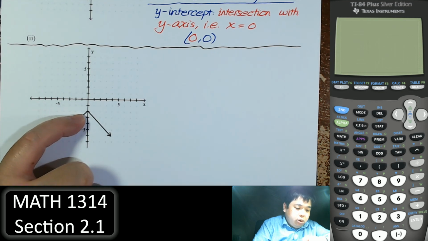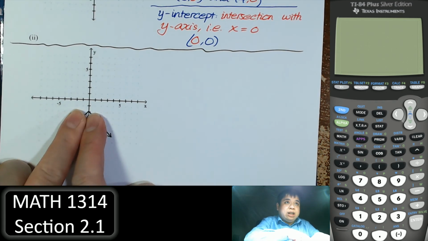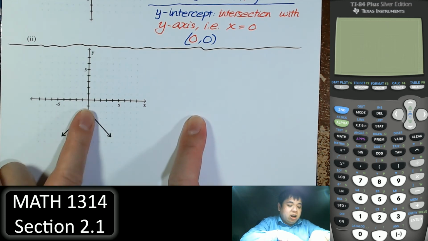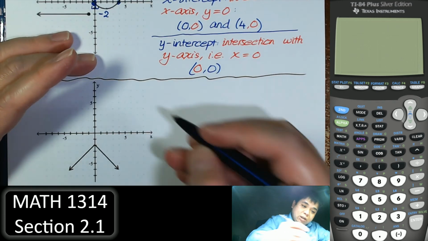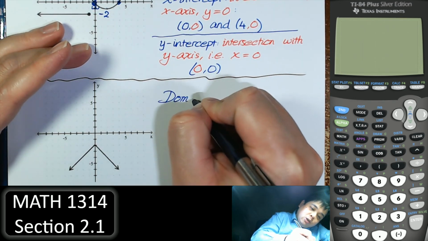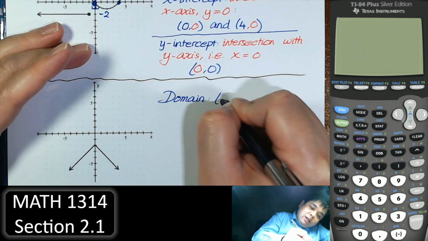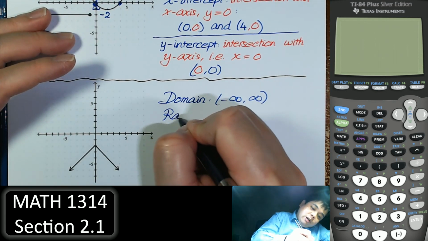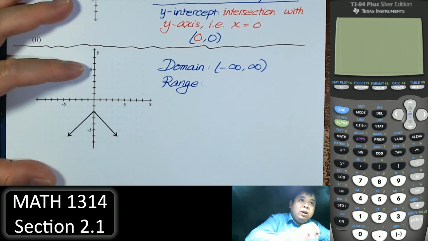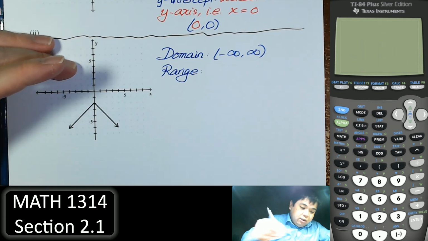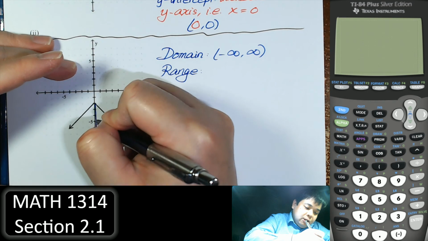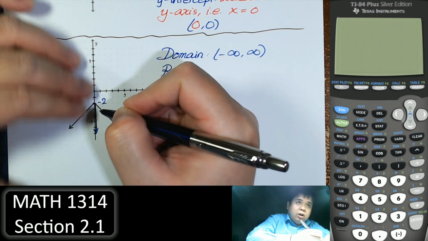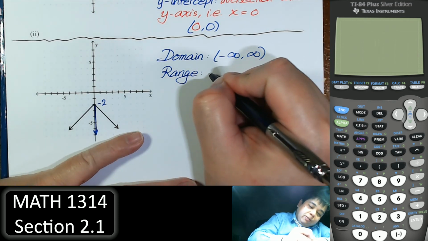So from that point going down. However, the x values can go anywhere, on the right side and on the left side, so there's no restriction. Because of that, x can be any value, so we just say -infinity to infinity. The range can only take these values from -2 down to infinity.